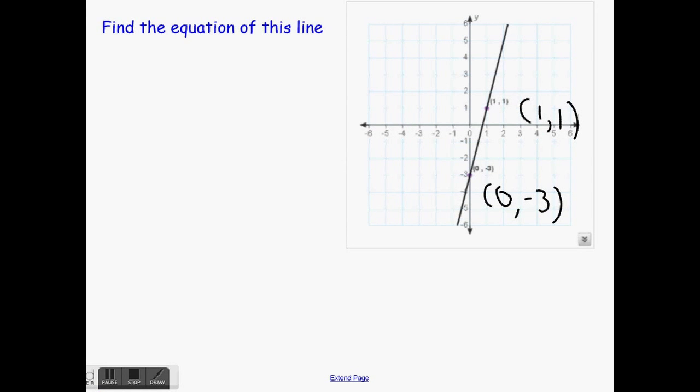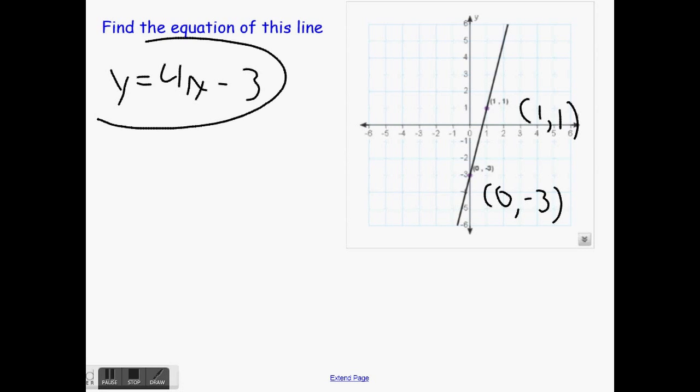Okay. So, what did we get for answers? Marco, what do you have? y equals 4 over 1 plus negative... Well, I'll just say 4x minus 3. Don't forget your x. Same. So everybody got this as their answer. So let's find out. From here, I go up 1, 2, 3, 4.